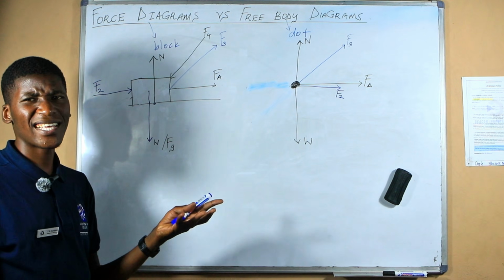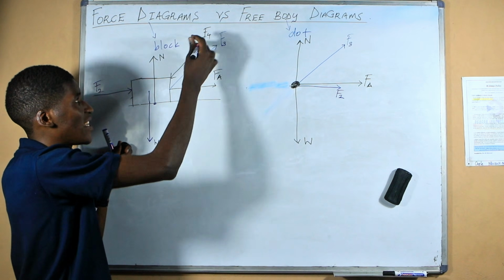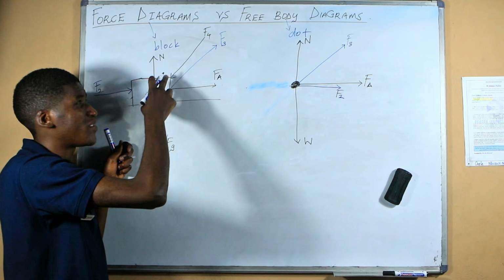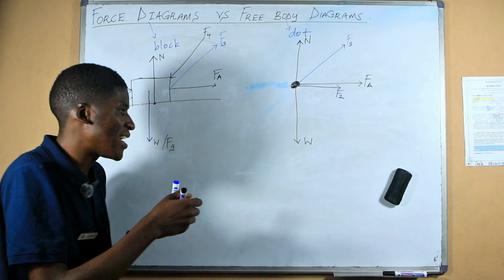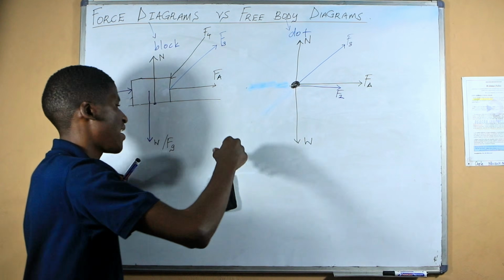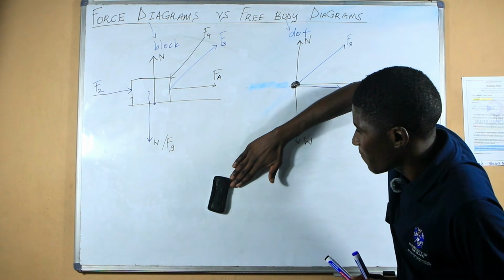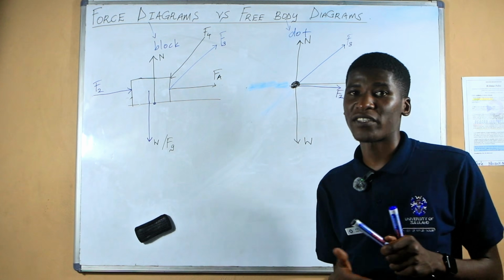How do I say that's a pushing force? Because in a force diagram, you are able to see that this force is starting somewhere else and going towards the block, because the arrow shows you that you're actually pushing the block. It's like this is my block here, and I'm on this side and I'm pushing the block in this direction. So it's a pushing force.